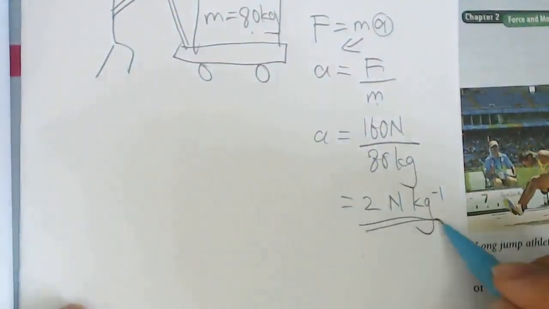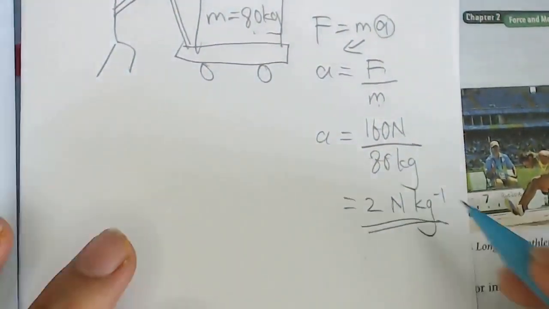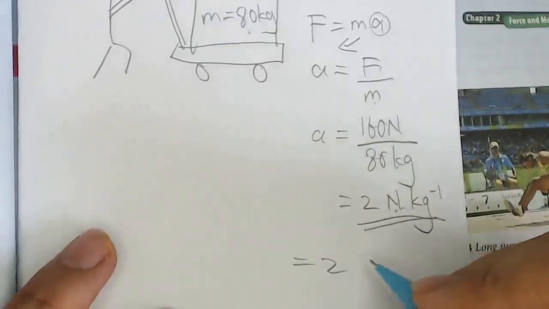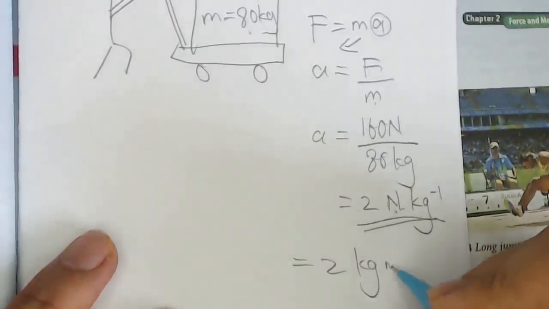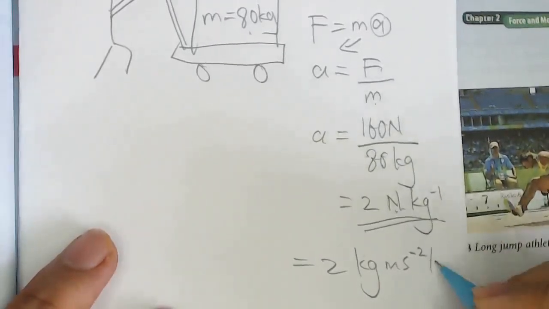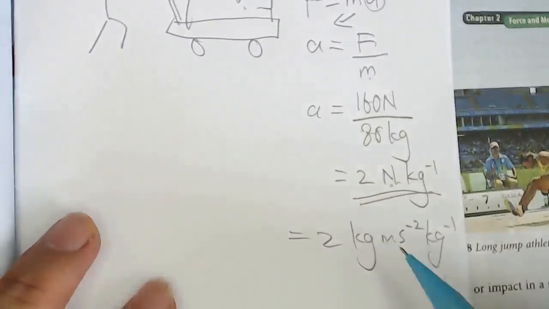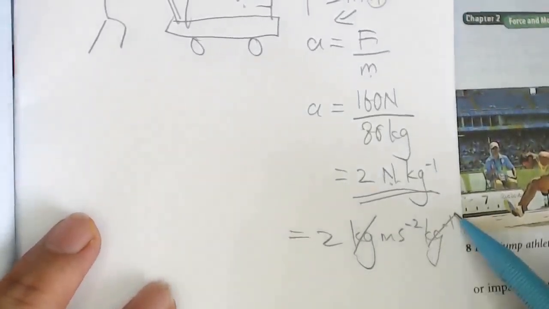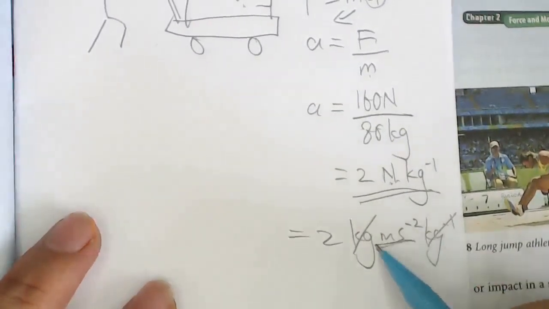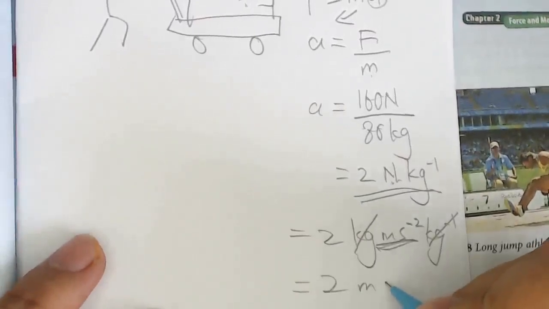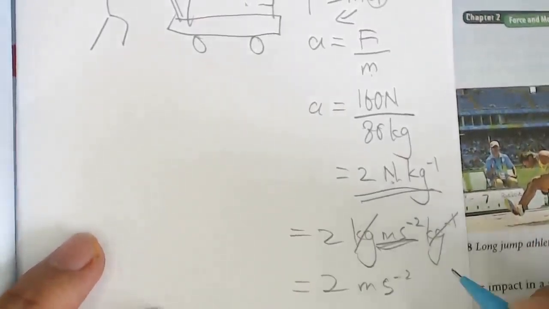Here is the value. Sorry, because of the Newton here, we can simplify the unit. Newton is kilogram meter second to the power of minus 2. Don't forget this kilogram here. This kilogram we can eliminate with that kilogram, correct? And the unit that is left is meter per second squared.